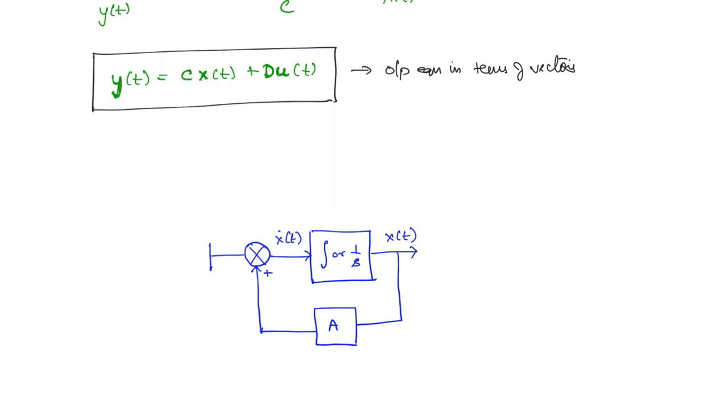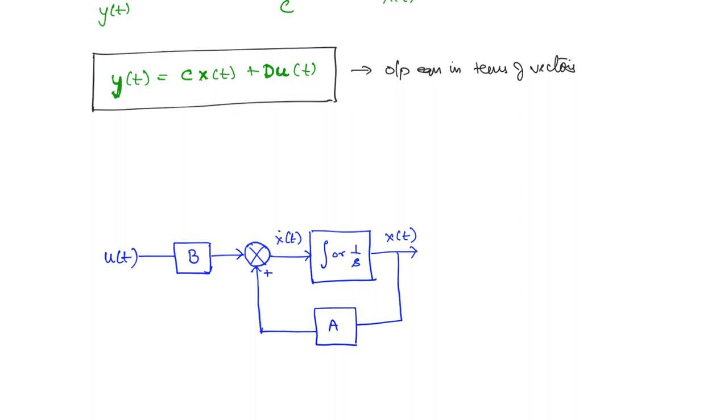Now what is remaining? You will have to write the input function as well. So B into u of t will be present here, A into x of t will be present here. If you add both of them, you are going to get x dot of t. This is going to be the arrow. So first equation we have written, state equation.